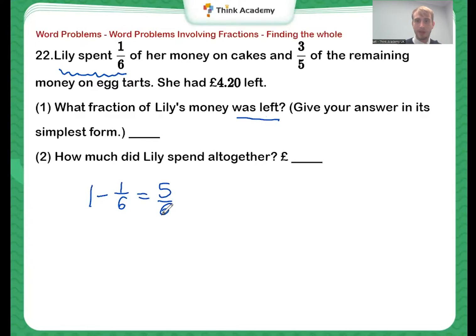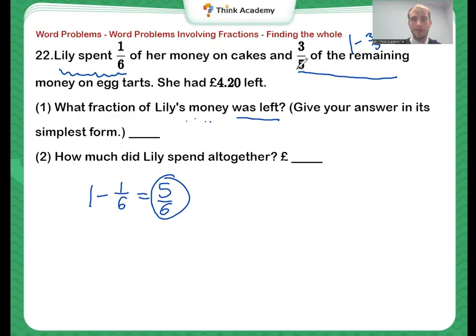So that's how much, as a fraction of her money, she has left after she bought the cakes. Then, in the next part, she spends 3/5 of the remaining on egg tarts. So that means she spends 3/5 of that fraction on egg tarts. I want to know how much she has left. If she spends 3/5, what fraction does she have left? It's 1 minus 3/5, which is 2/5.